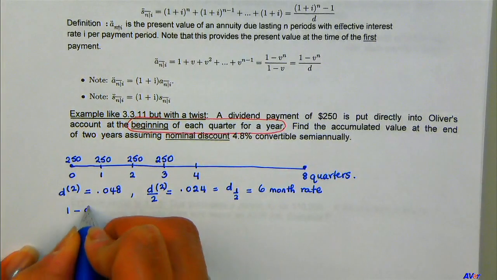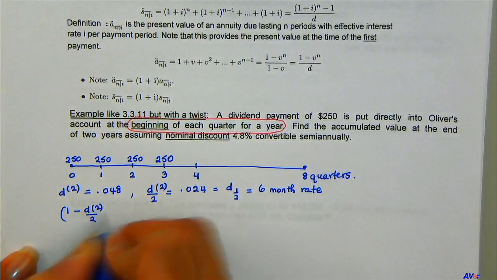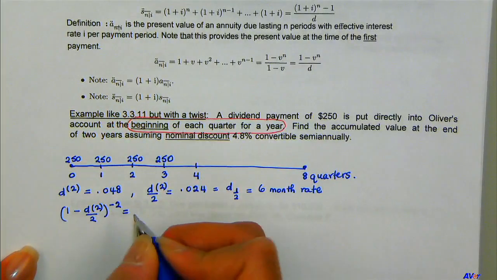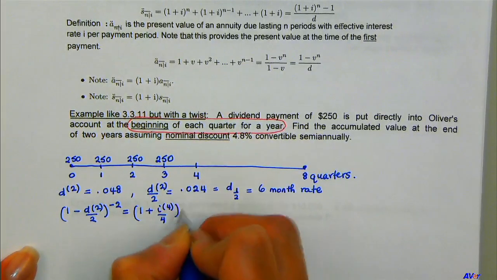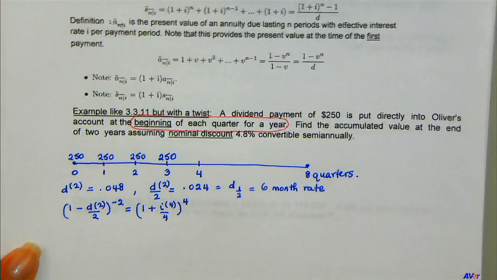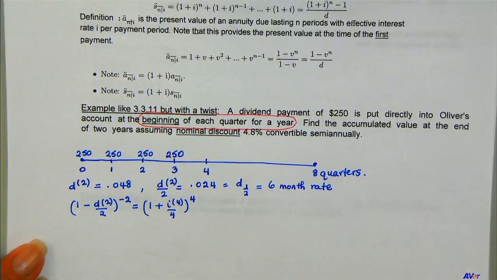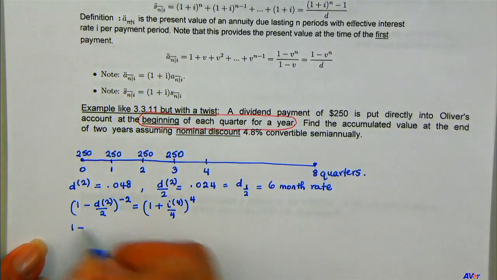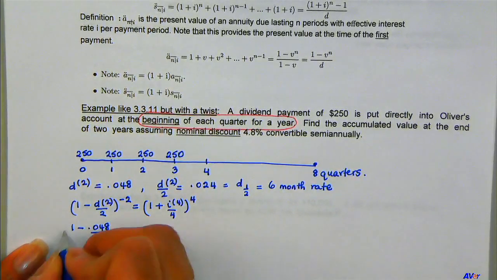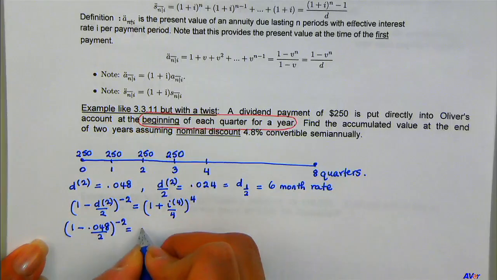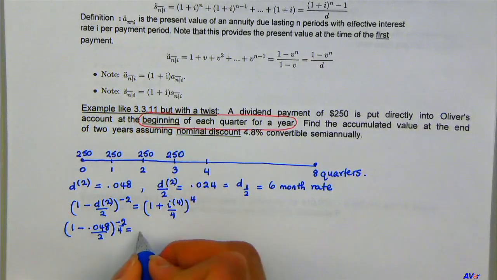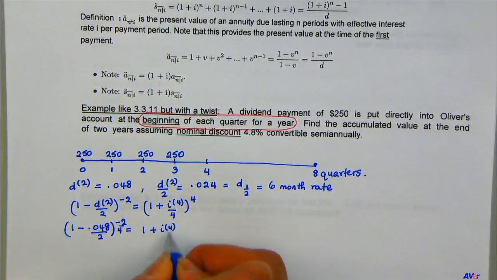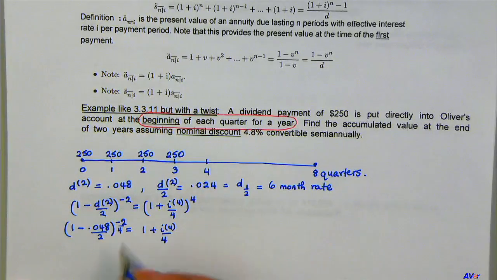1 minus D2 over 2 to the minus 2 is equal to 1 plus I4 over 4 to the 4. Right? That's a valid formula. So 1 minus 0.048 over 2 to the minus 2 is equal to, let's just go minus 2 over 4 right here, equals 1 plus I4 over 4. Can you get me a number?